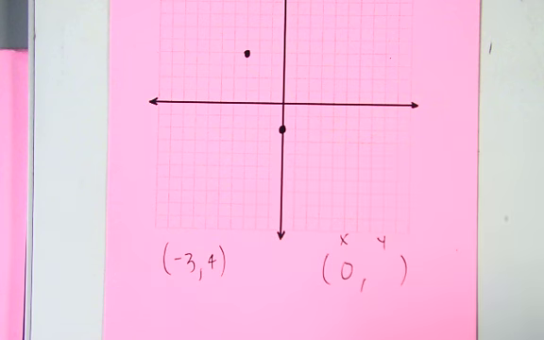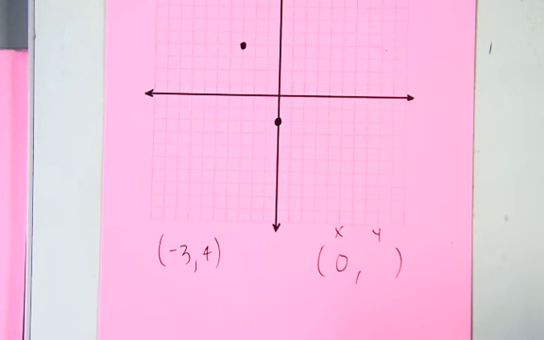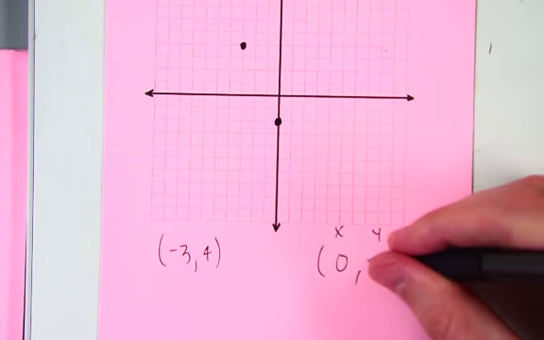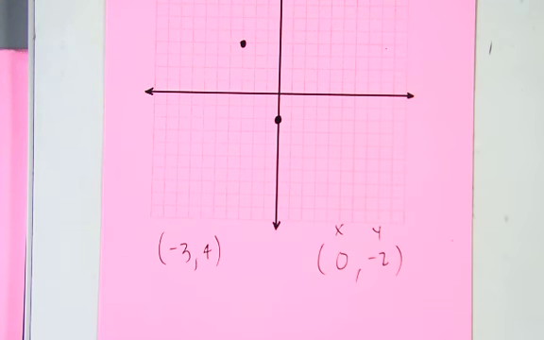So because we didn't go right or left at all, our x value has to be 0. Okay, and then we went down 2. So my y value has to be -2. Remember, up is positive, down is negative when we're doing y value. So since this one is down, we want to put a negative in there. So if they give you a point and ask you to find the ordered pair that goes with it, you want to think of it along those lines.